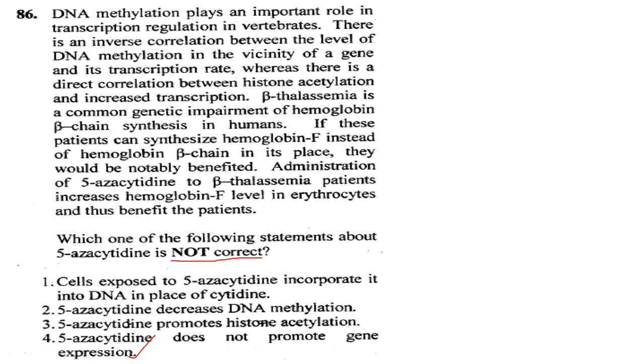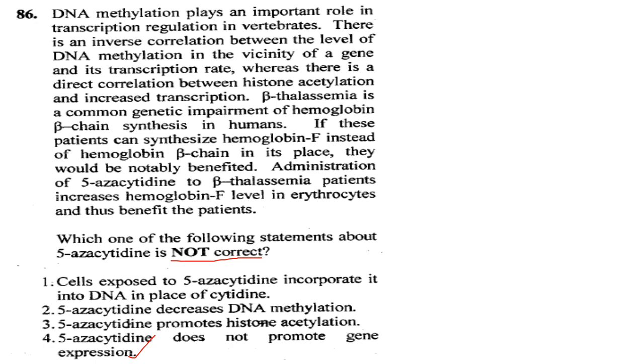So transcription of hemoglobin F increases in the erythrocytes in patients with beta thalassemia who have been administered 5-azacytidine. Then, it promotes histone acetylation. Yes, because that is why there is gene expression.